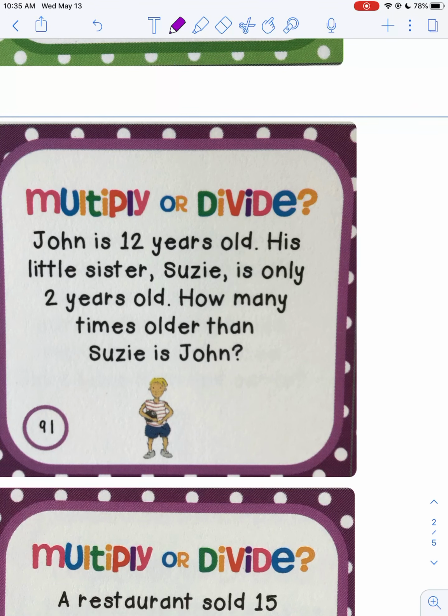John is 12 years old. His little sister Susie is only 2 years old. How many times older than Susie is John? Here's what we know. John is 12 years old and Susie is 2 years old. In this case, I would probably use multiplication and think, okay, 2 times what number equals 12?